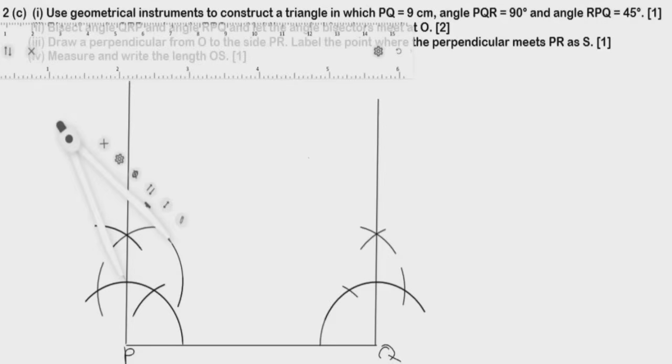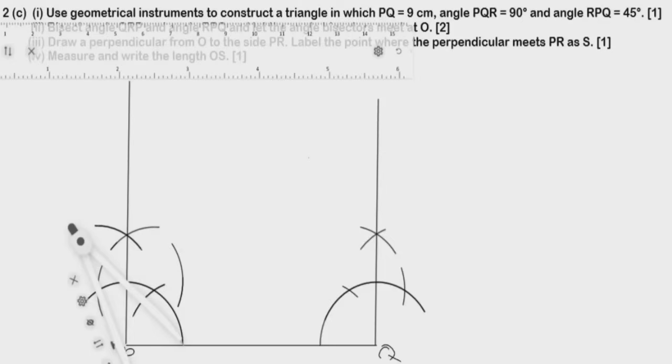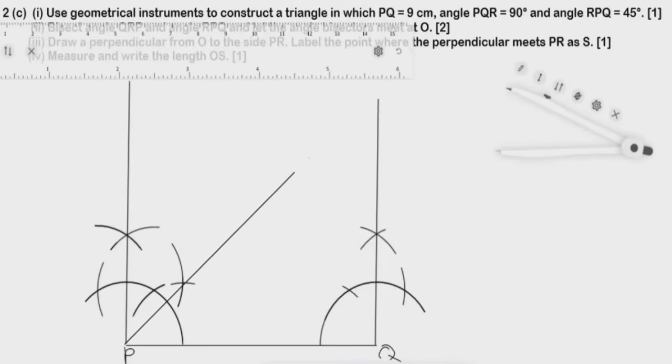So what I'm going to do is bring this compass here and then bisect it like that. Now once I draw an arc like the way I've drawn, then to bisect it, I'm going to draw a line from this point Q passing through that and meeting this line here.